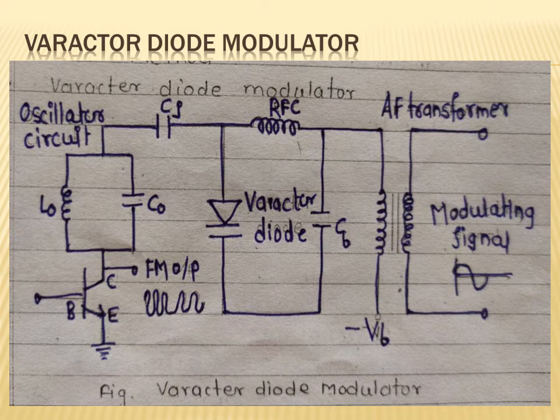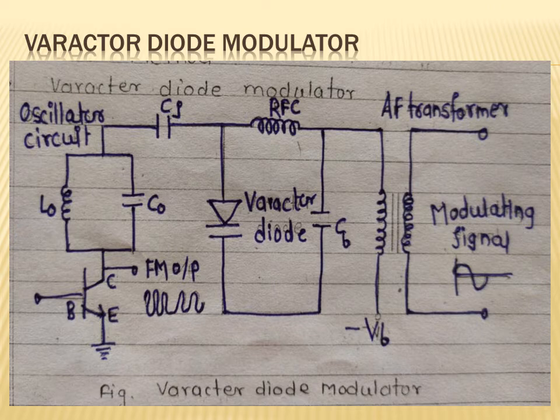The modulating signal is applied to the primary winding of the AF transformer. The primary winding is coupled with the secondary winding of the transformer, so we get the modulating signal at the secondary winding.